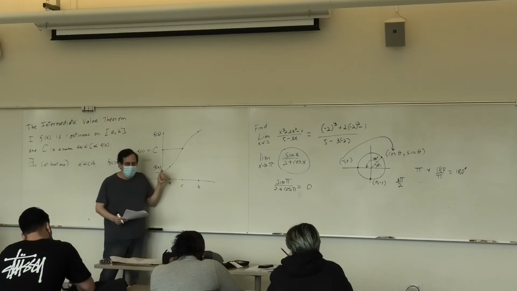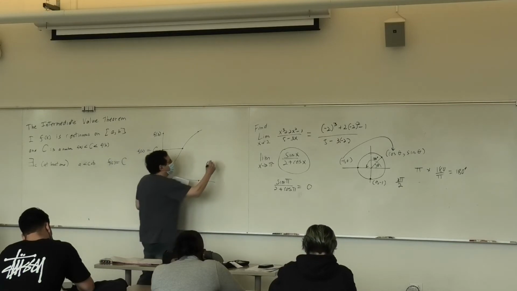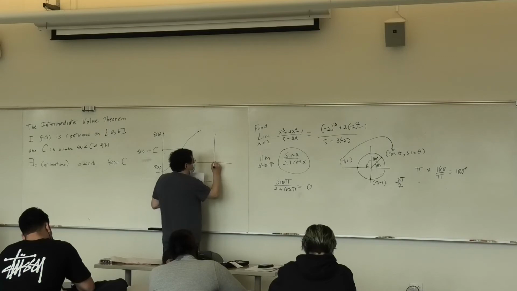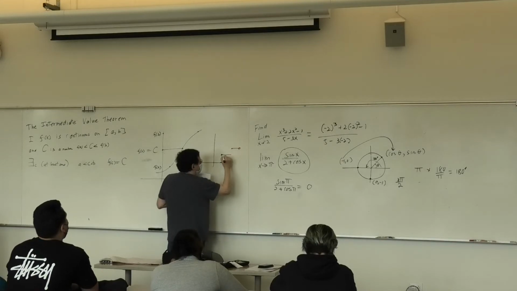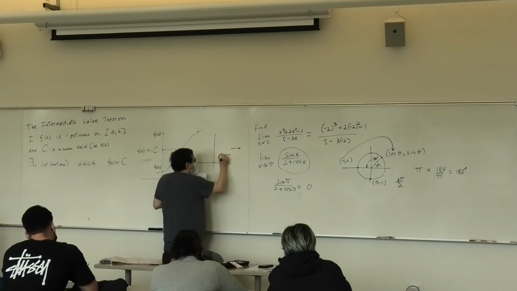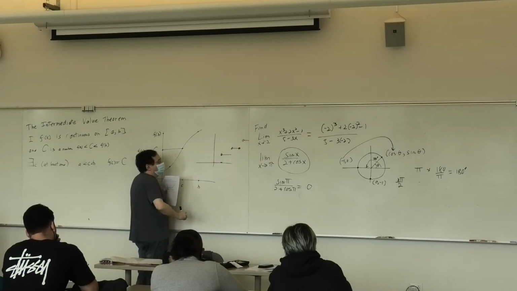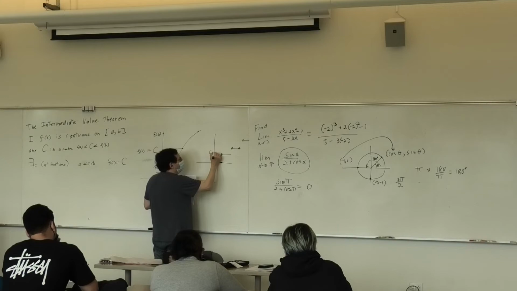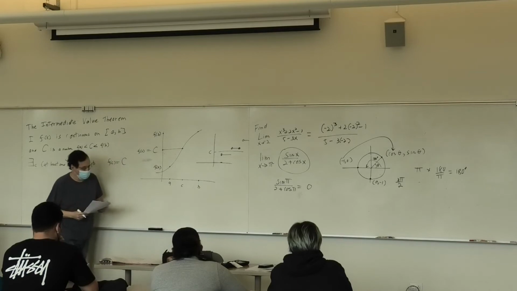The important restriction here is this has to be a continuous function, right? If this were that step function I mentioned, we could have plenty of C's here where there's no c where the function reaches that value.